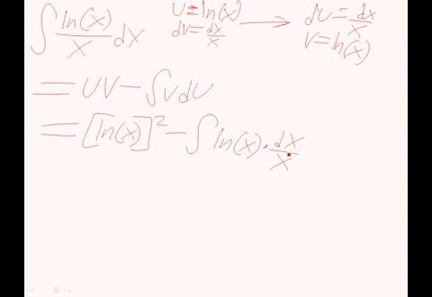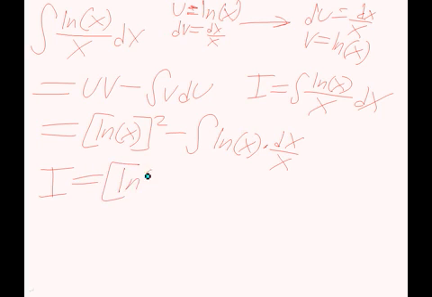But what if we just add this to the other side and divide by 2? Right? So in other words, if we let I be our integral, natural logarithm of x over x dx, now this turns into an algebraic equation.